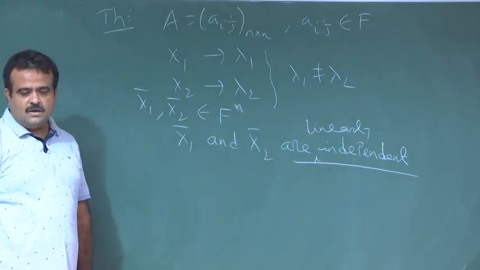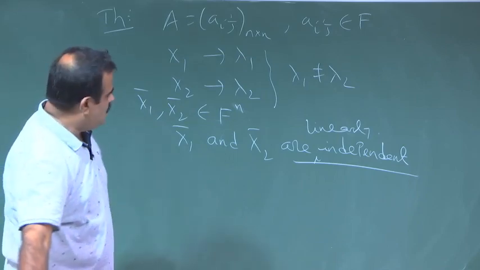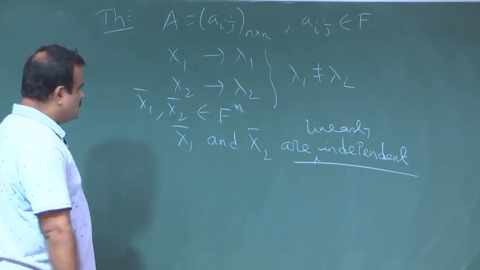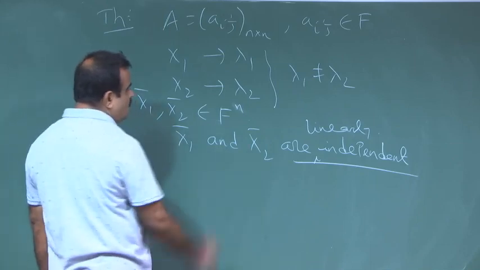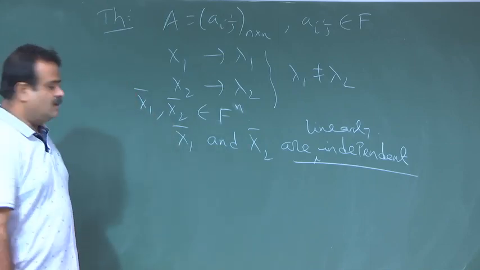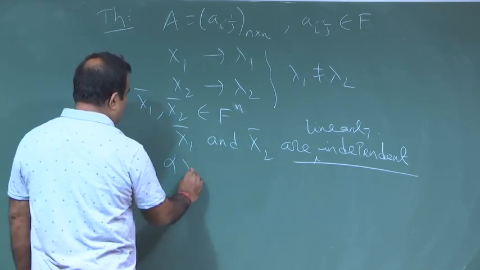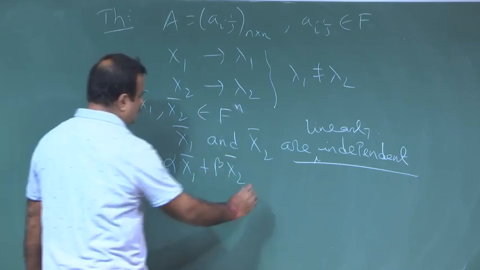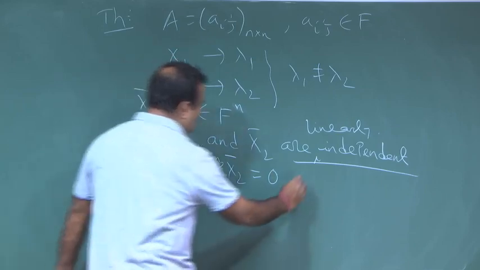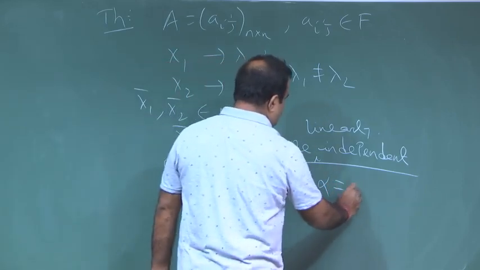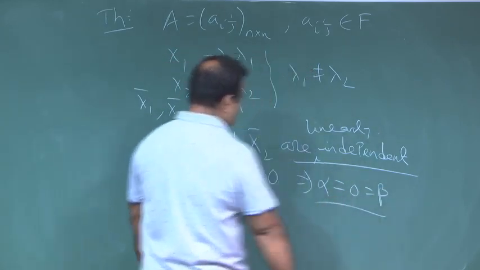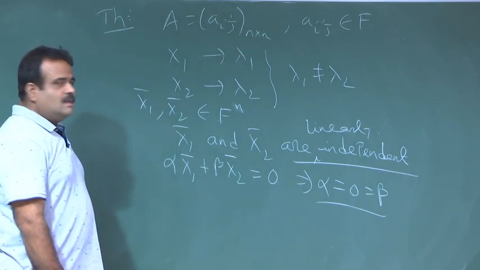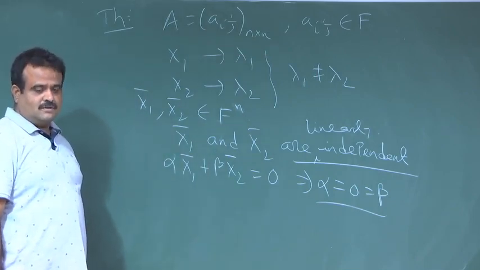How to show that? To show that two vectors are linearly independent, we take a linear combination, alpha x1 plus beta x2, and equate it to 0. If this implies alpha equals 0 equals beta, then this is a linearly independent set of vectors.